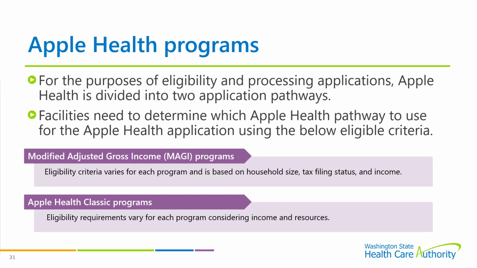For classic Apple Health programs, eligibility and requirements vary for each program, considering income and resources. Note, facilities need to determine which Apple Health application pathway should be used based on eligibility criteria. Next slide, please.